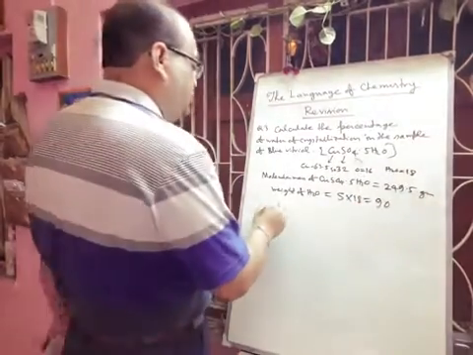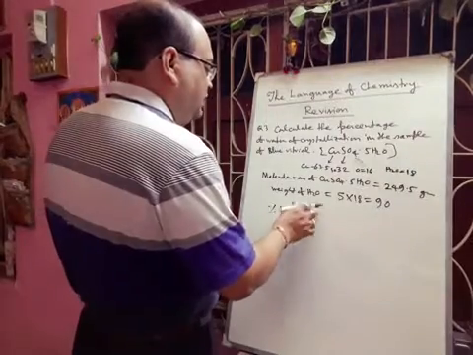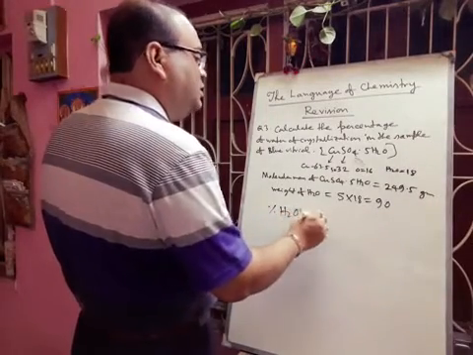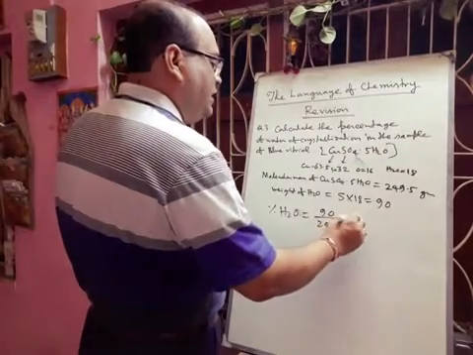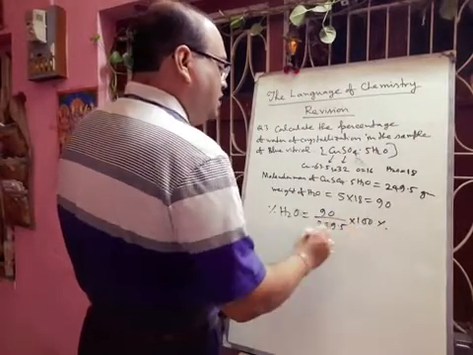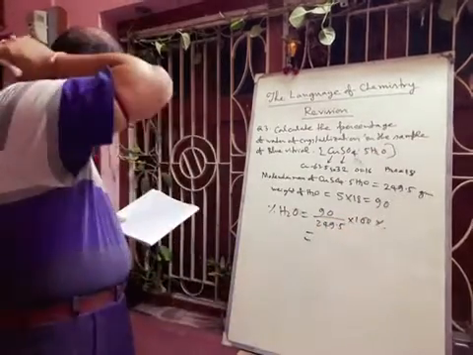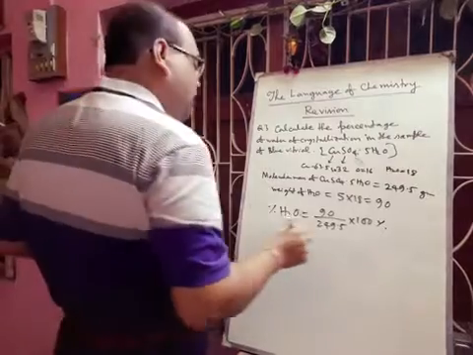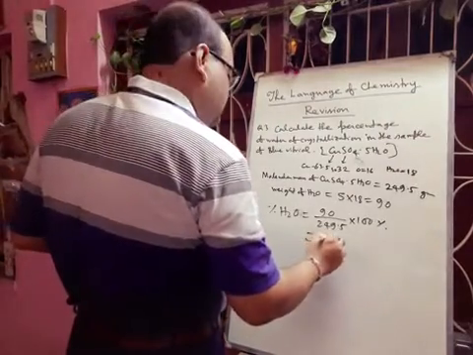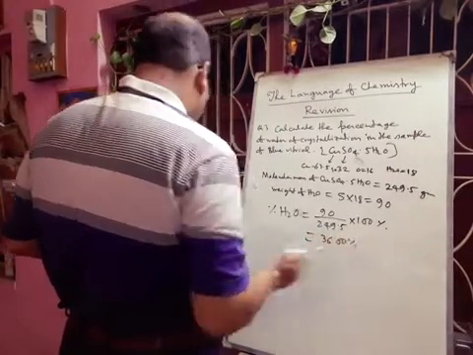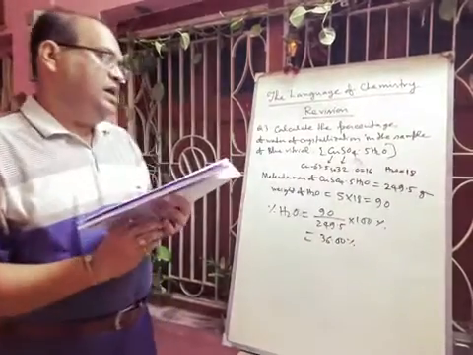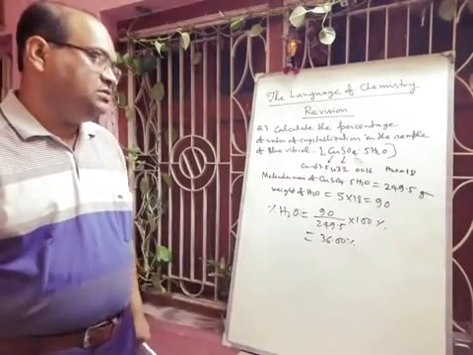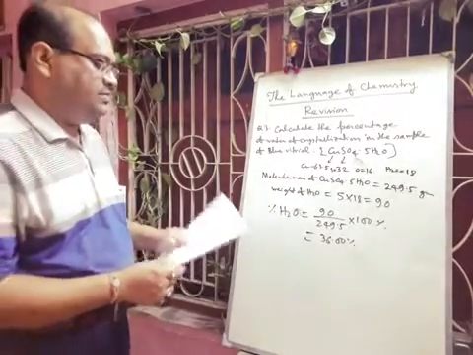So the percentage of water in blue vitriol will be 90 divided by 249.5 into 100%. Now if you calculate, you will get 36.00%. In this way you have to solve the mass percentage numericals. These are very important for your exam.